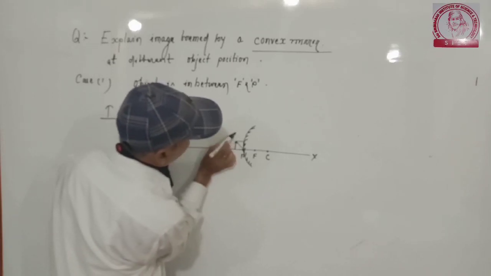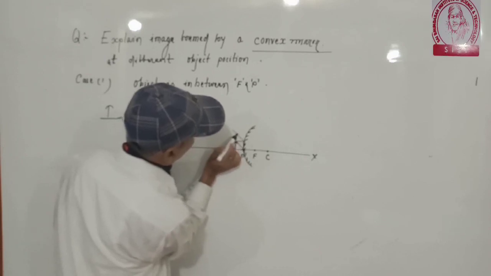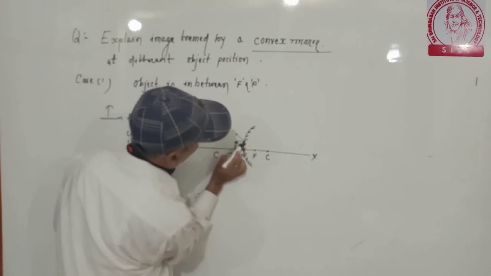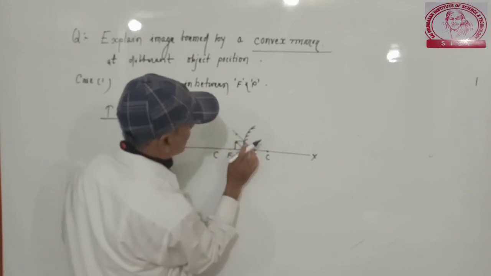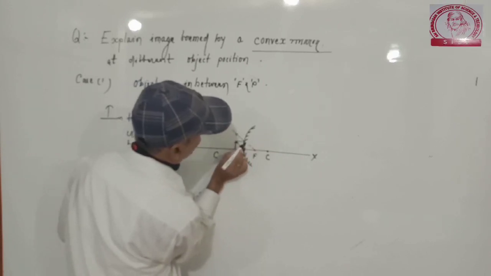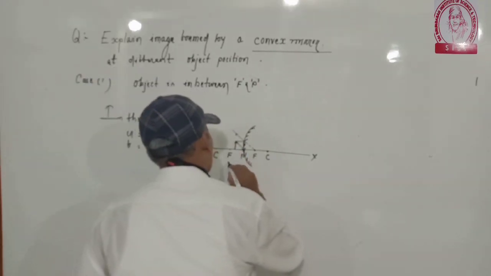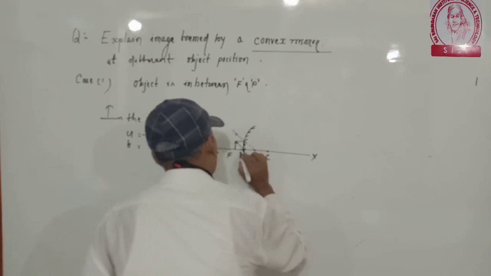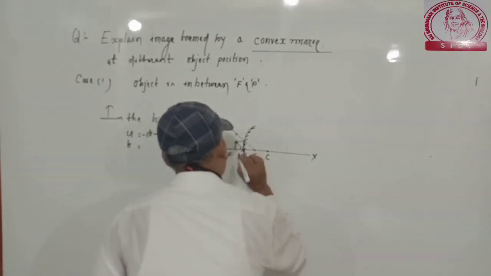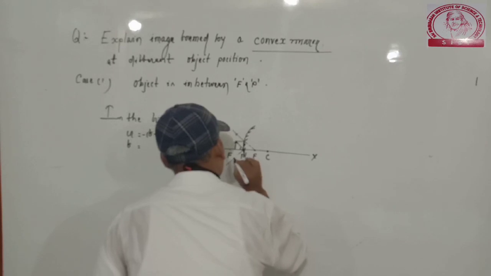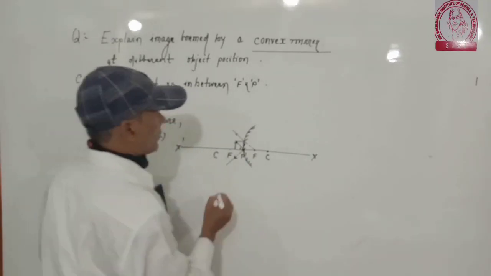It is a divergent case. I is equal to R. This is, you know, I. So now I extend it.